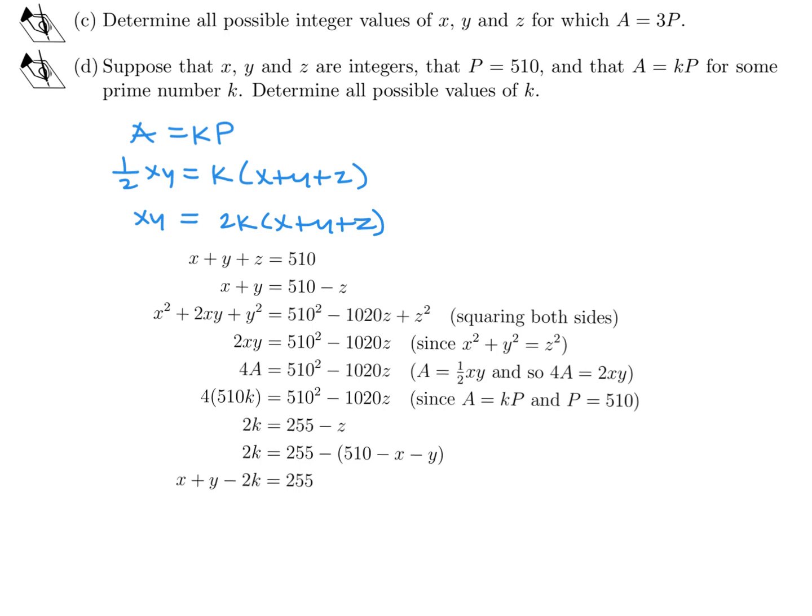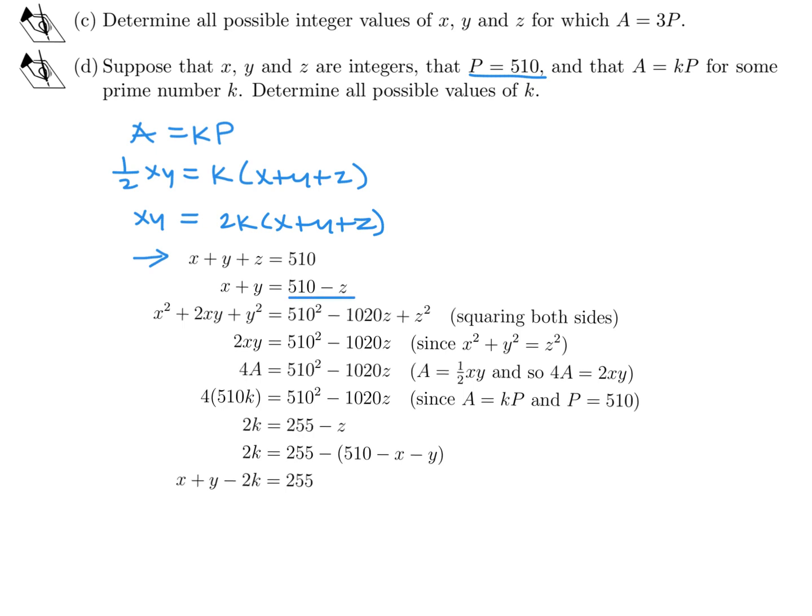So here's the algebra that you had to do when it's all said and done. As you can see, you're going to put in P as 510, and that's pretty much the perimeter. That's this guy. And then you isolate for x plus y, and that's going to be 510 minus z.